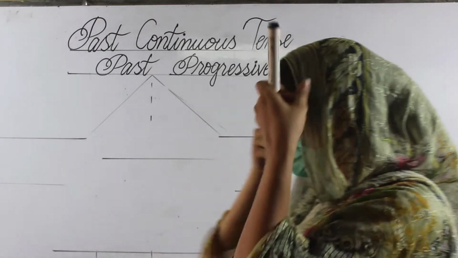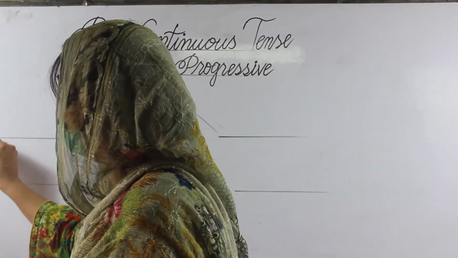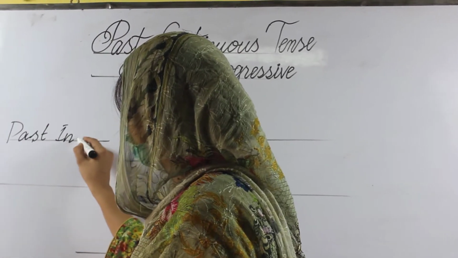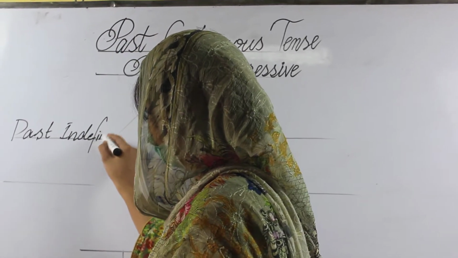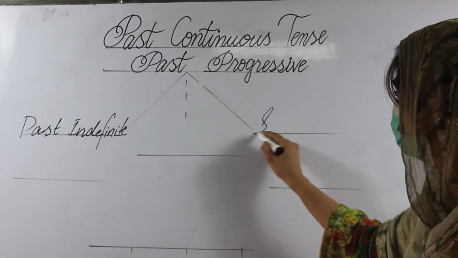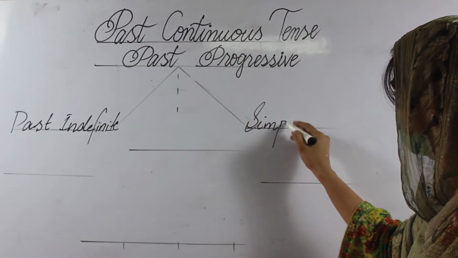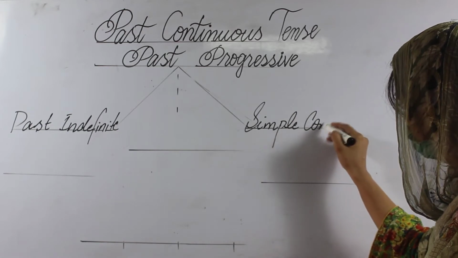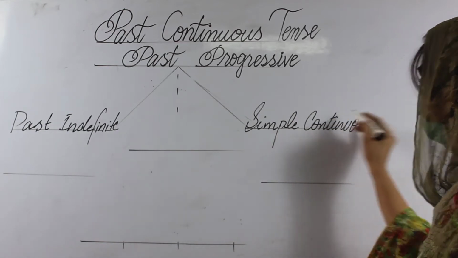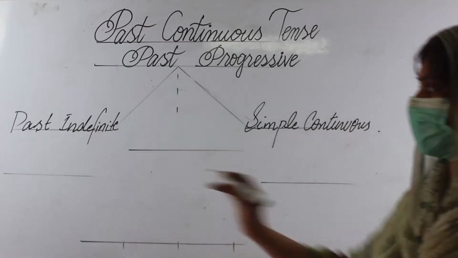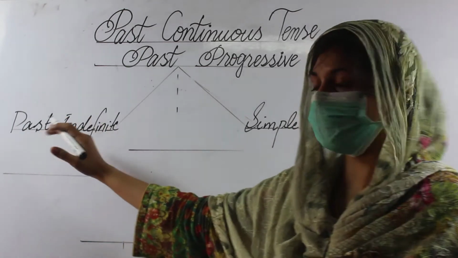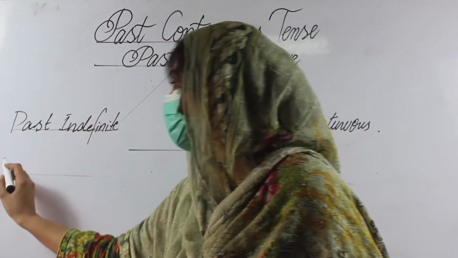If we compare the past continuous tense with the simple past indefinite tense, what's the difference between these two? If we talk about the past indefinite, then we can say that something has happened.